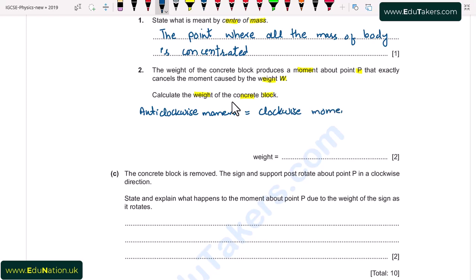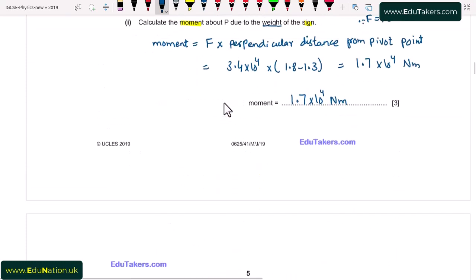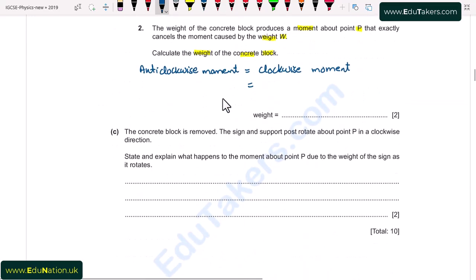In this case, the clockwise moment is caused by the weight and the anti-clockwise moment is caused by the block. So we know that the moment of weight that we already calculated is equal to 1.7 into 10 to the power 4. I write here it is equal to 1.7 into 10 to the power 4.